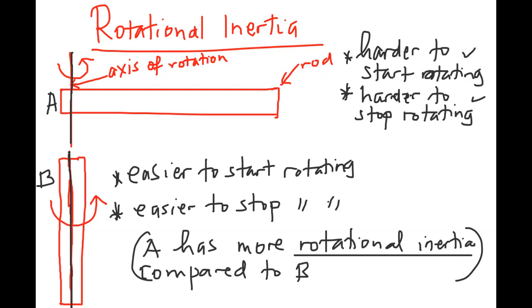Let's look at another example, and then we can better understand the concept of rotational inertia. The other example is the case whereby we have something orbiting around a circle. We have a center here, and that's our object.